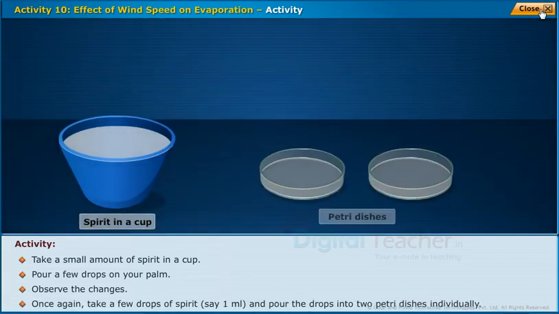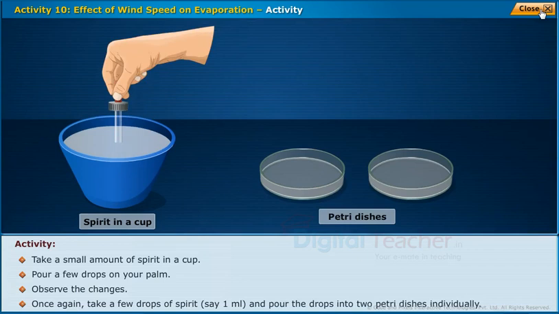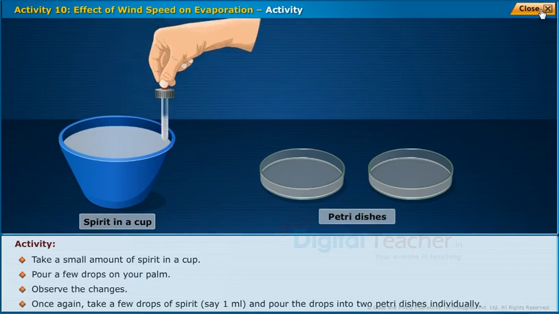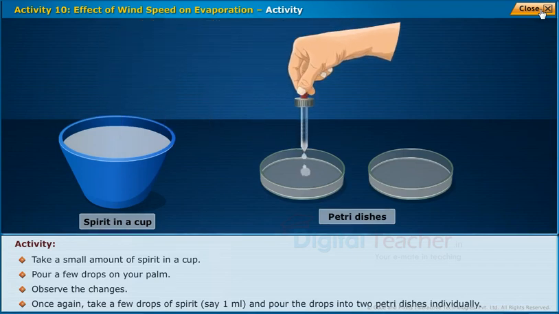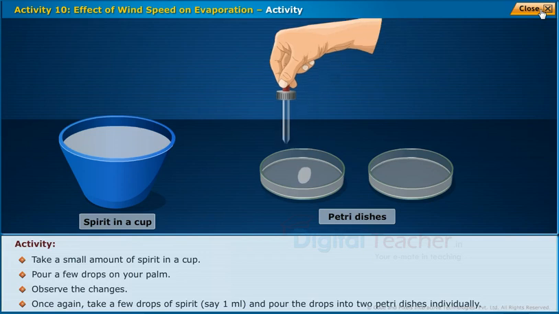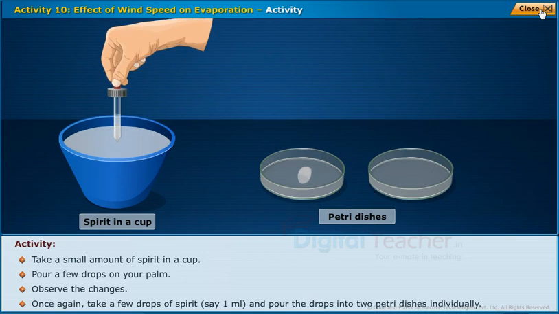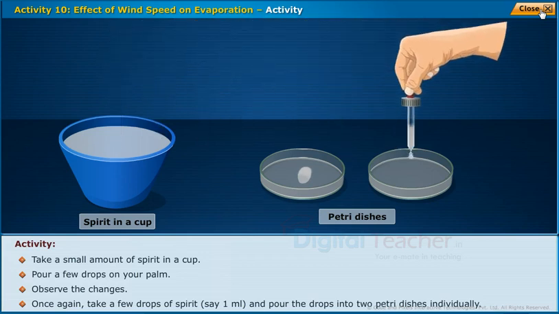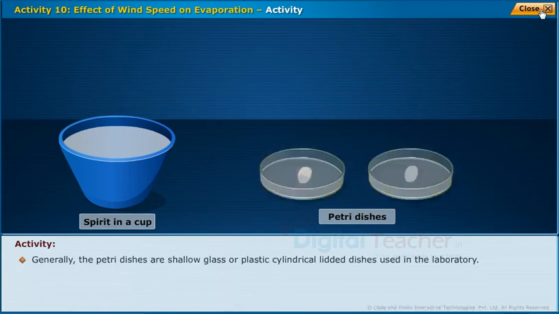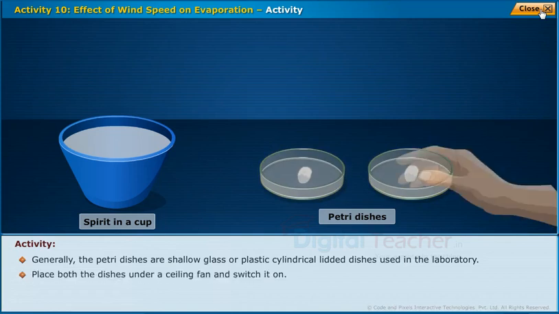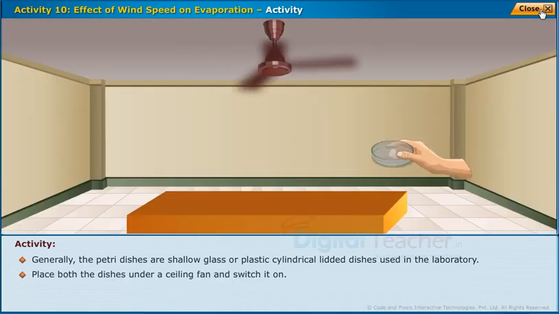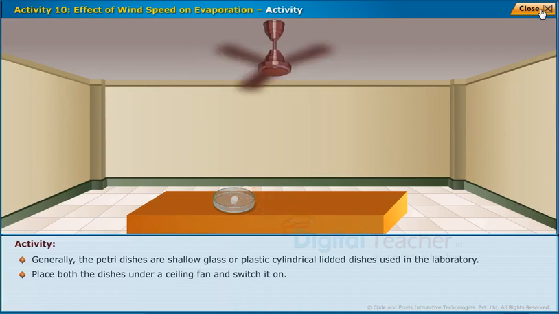Once again, take a few drops of spirit, say 1 ml, and pour the drops into 2 petri dishes individually. Generally, petri dishes are shallow glass or plastic cylindrical lidded dishes used in the laboratory. Place both the dishes under a ceiling fan and switch it on.